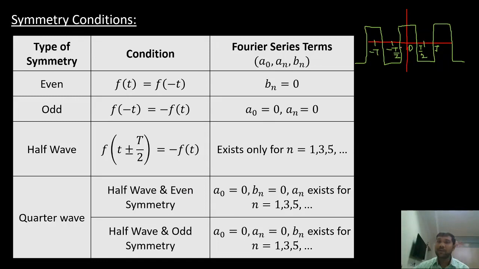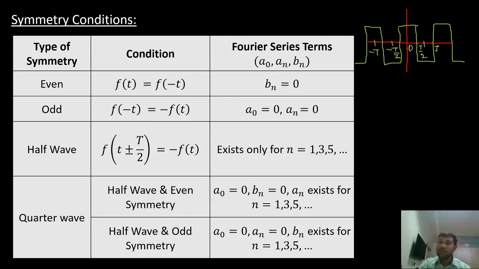If you look at this signal, it is symmetrical about the y-axis. Here I have the signal going like this. At 0 I have a maximum value, and it continues till T by 4. The same signal has a maximum value on the left side of the y-axis also, till T by 4.